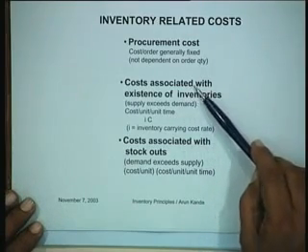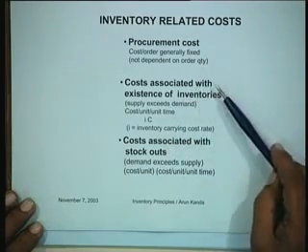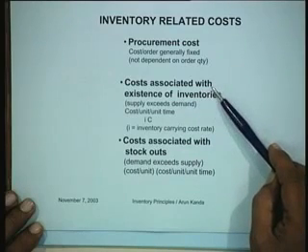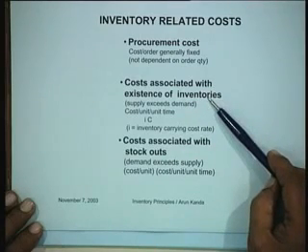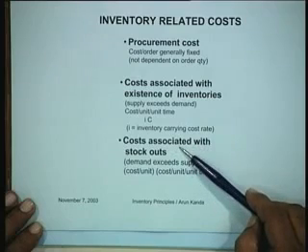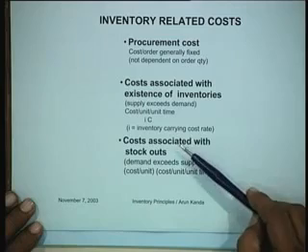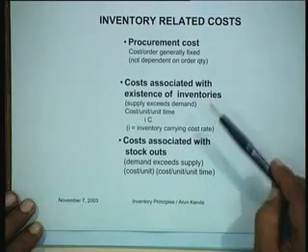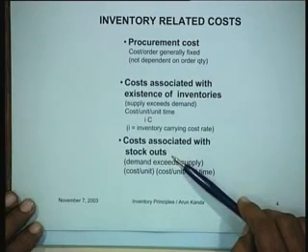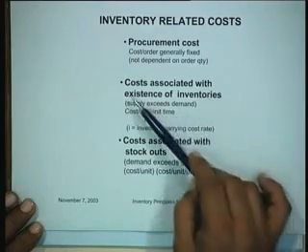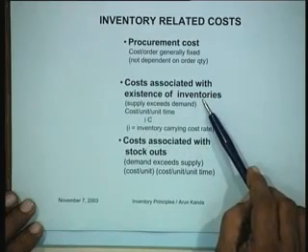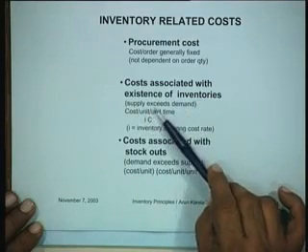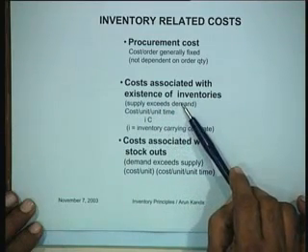Then there are these two very important types of costs. One, costs associated with existence of inventories, and number two, costs associated with non-existence of inventories, right? So we have costs of holding inventories and costs of stockouts, essentially, if you don't hold inventories. So normally costs associated with existence of inventories generally occur when the supply tends to exceed the demand.